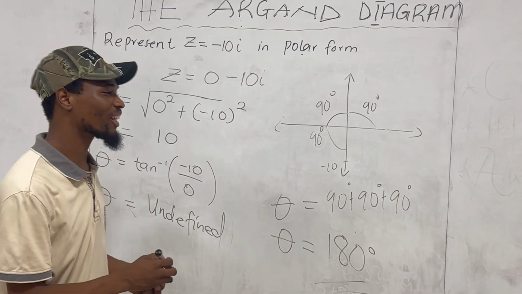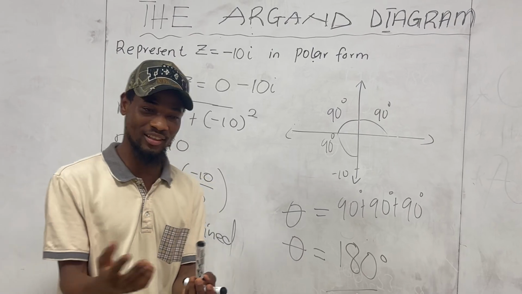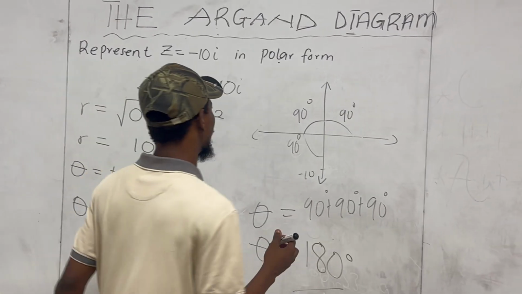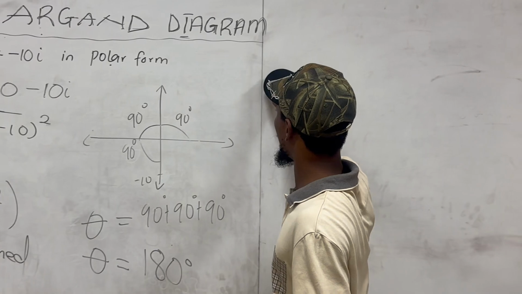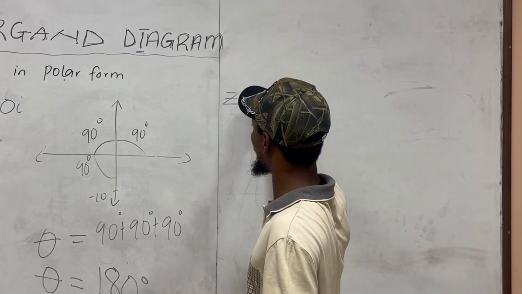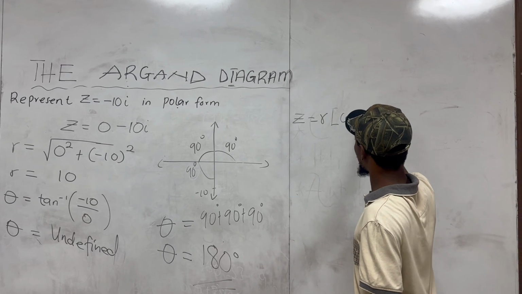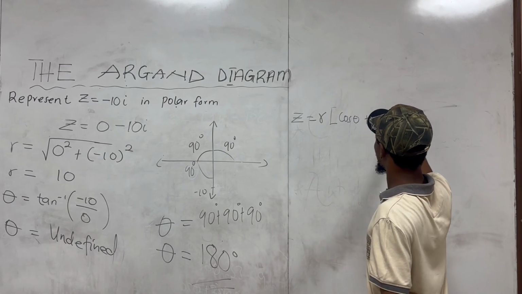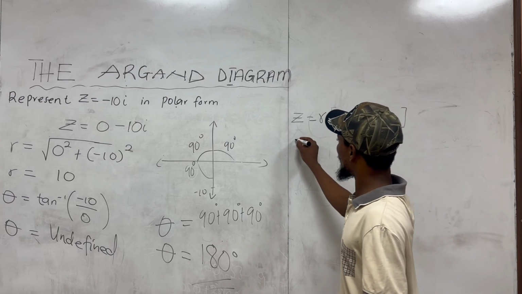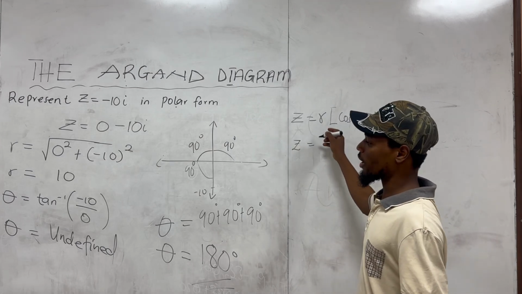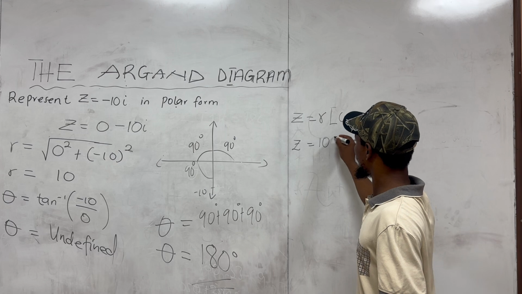So we don't just say the question is wrong. To represent this in polar form, z is equal to r multiplying cos theta plus i sin theta. I have z is equal to, my r is 10.